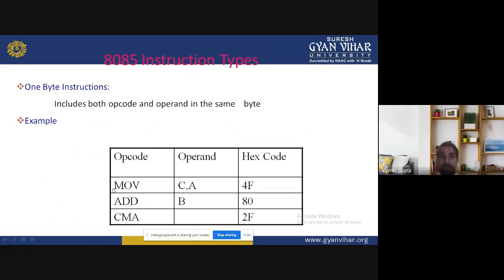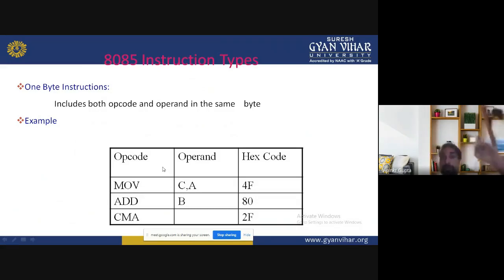So it shows that the move operation will be performed. Operand C comma A, that is where we are performing that operation, is known as the operand. According to the length, we are dividing into three parts: 1 byte, 2 byte, and 3 byte.